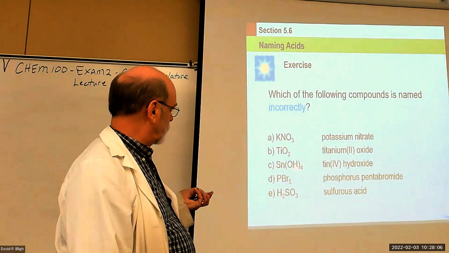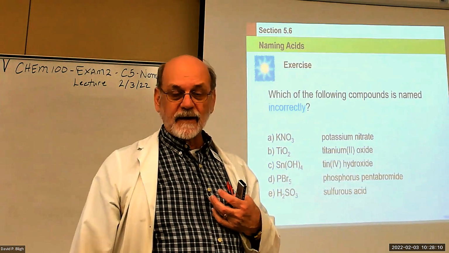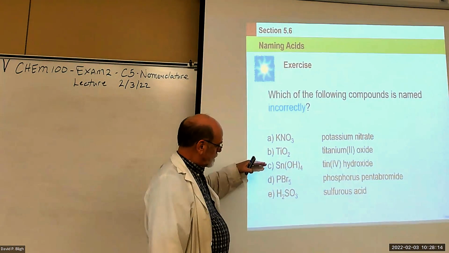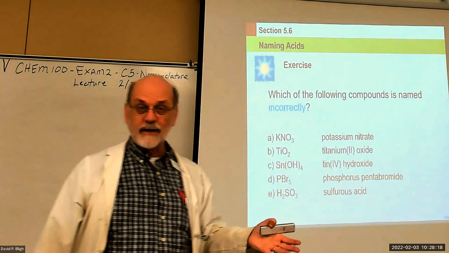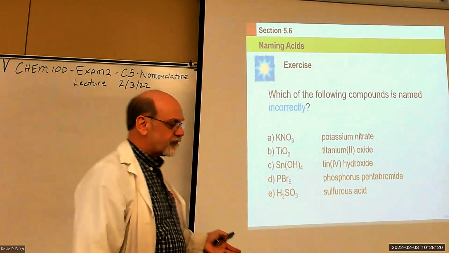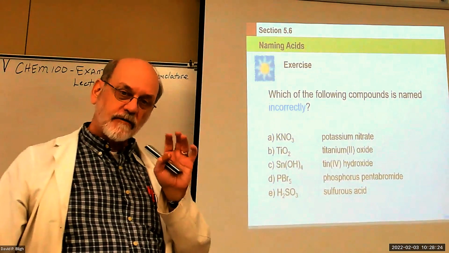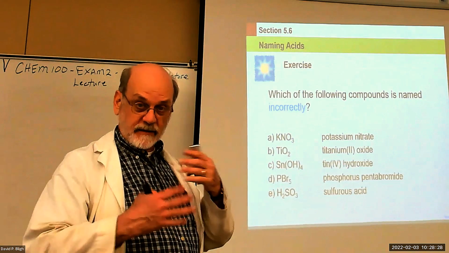How about this one? OH, hydroxide, is a polyatomic ion. And if you're given the formula like this, and there are parentheses around it, that's a dead giveaway. That's a polyatomic ion. But there are 4 of them. Hydroxide is a -1 charge, so it's 4 minuses, and tin has to be a 4 plus to balance them.